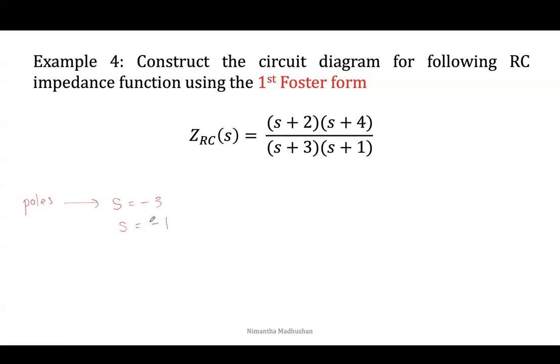These are the two poles. We can obtain the zeros from the numerator: s equal to -2 and s equal to -4. These are the zeros. Now I plot the poles and zeros in the complex s plane.